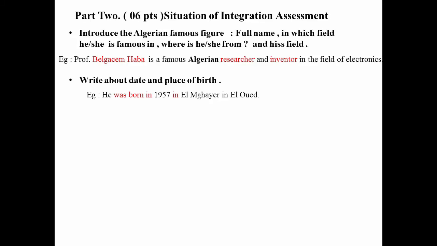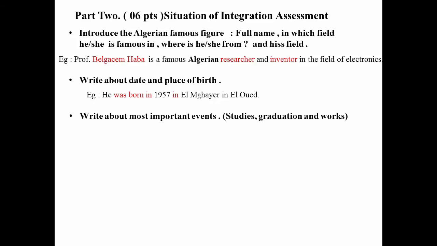Then the place, you can write it as it is written here in the example. He was born in 1957 in El Mghaïr in El Oued. Okay, so this is how to write about the date and the place of birth.